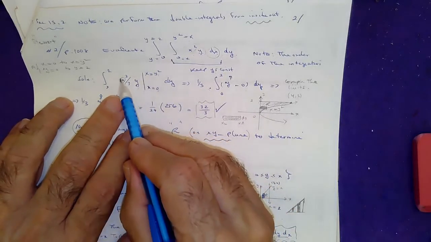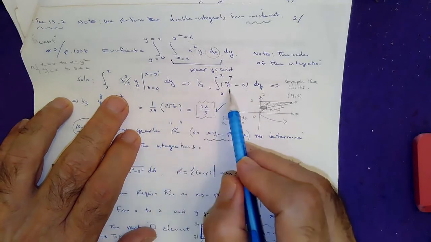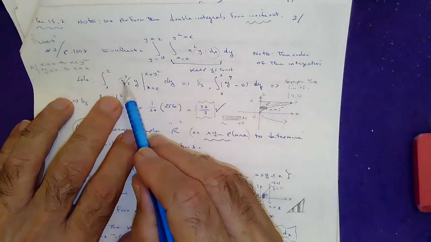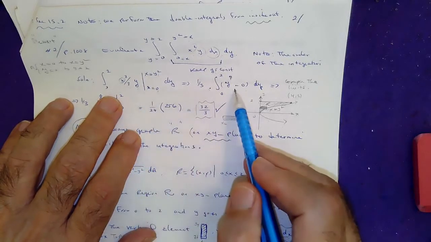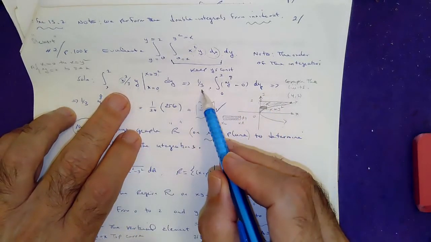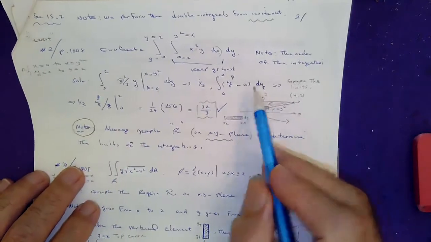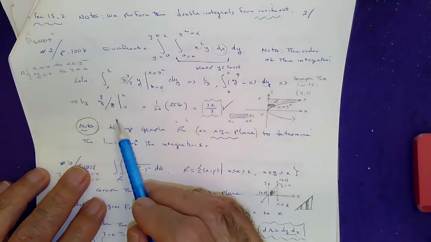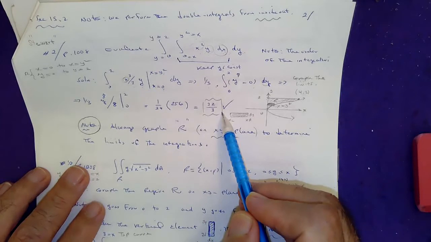First you replace x with y squared, then multiply by y, so that gives you y to the 7, because y squared to the third is y to the 6, times y is y to the 7. And there goes the 1/3. Now you are back to single variable integrals. Integrate with respect to y and you get 1/3 y to the 8 over 8, from 0 to 2, and then there is the answer.